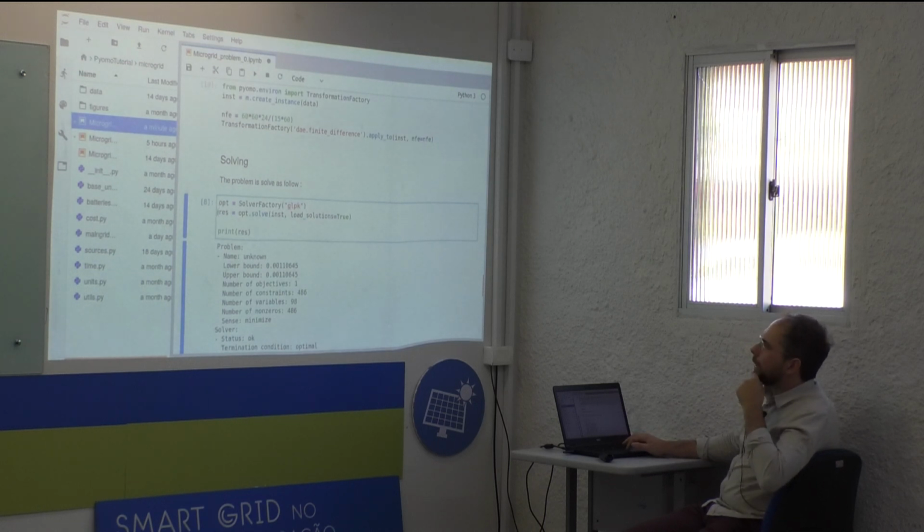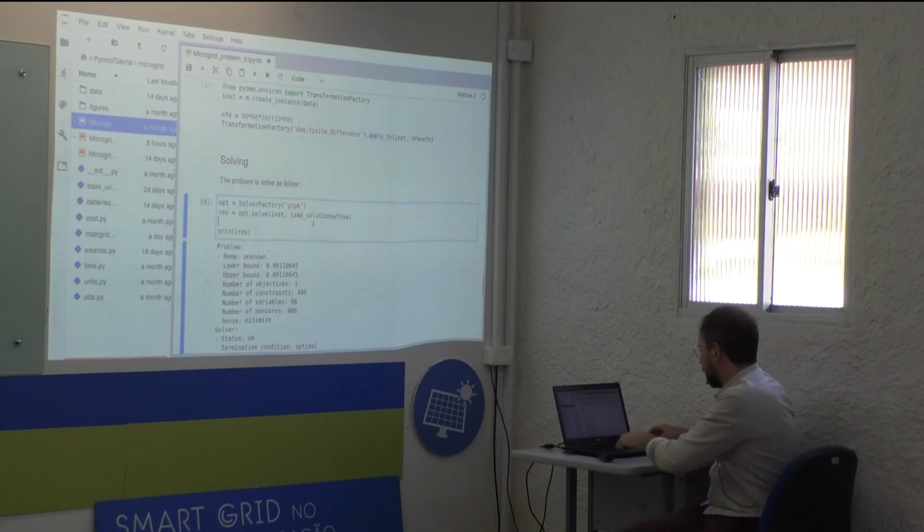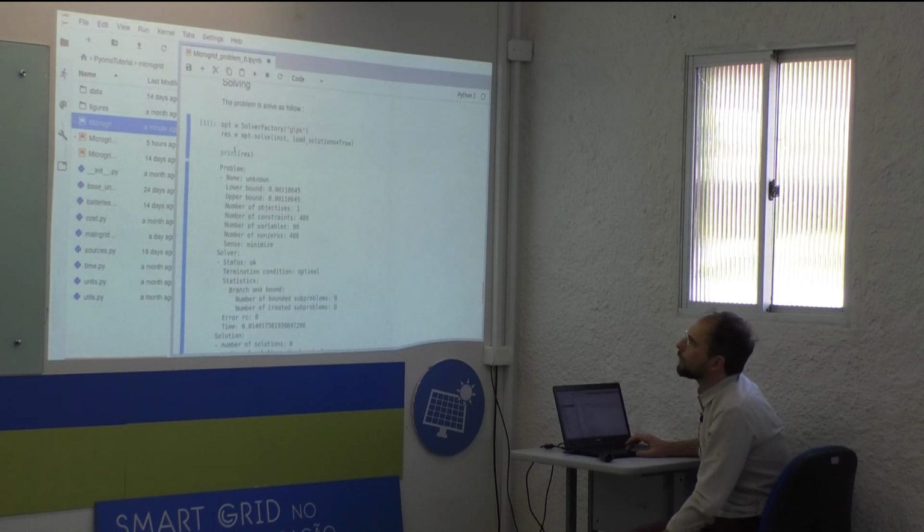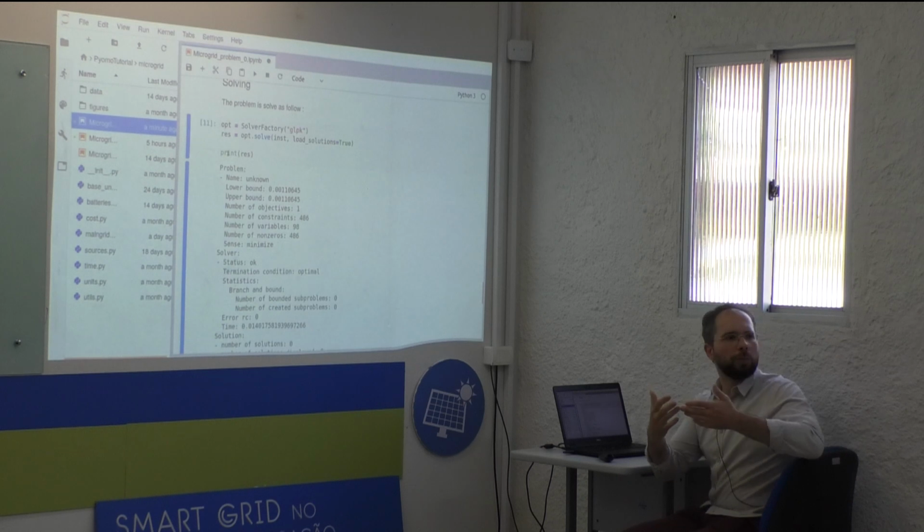Now I create a new variable where all the results are stored, and I solve my model using the solver. And here I print the results. The results are basically the output of my solver.